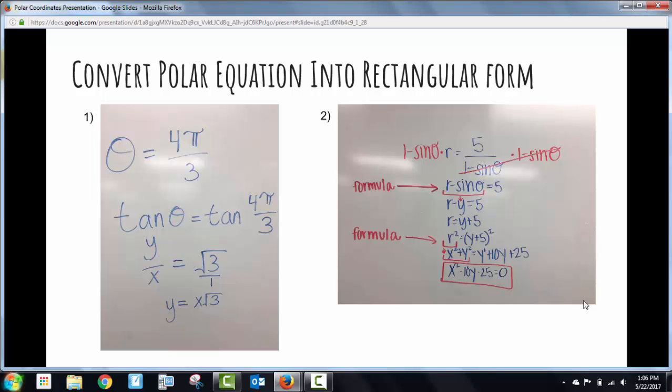Then use another formula to change the r squared into x squared plus y squared. And so you're left with x squared plus y squared equals y squared plus 10y plus 25. Then you move that all over to one side and set it equal to 0, and that's your answer.